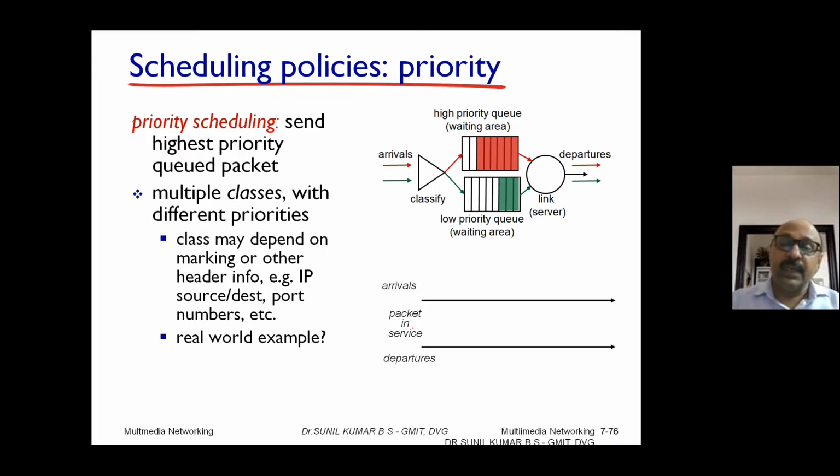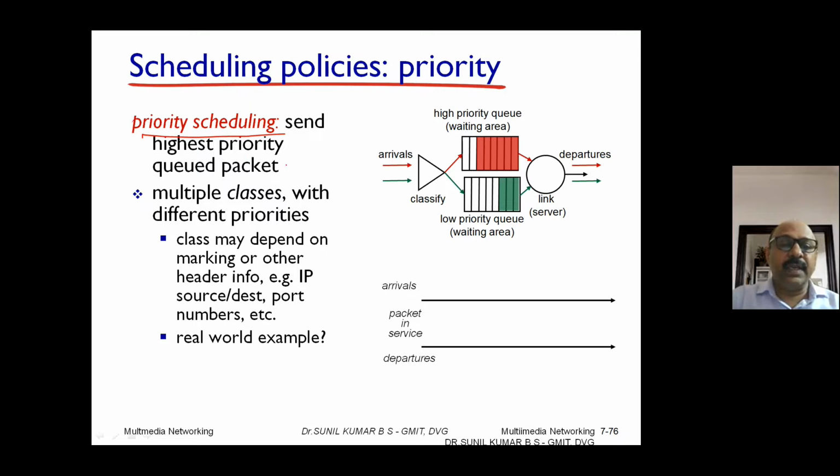There might be non-elastic data like email and text, which can accept some delay in transmission. So how do you distinguish this traffic and give the service? For this, we have the priority scheduling technique.